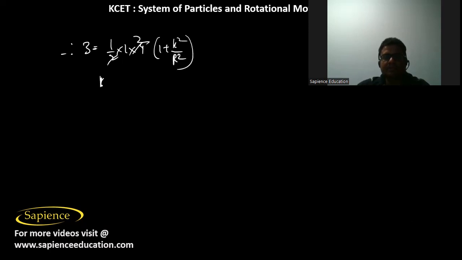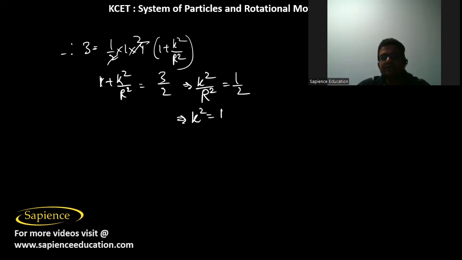Therefore 3 will be equal to half into 1 into 4 into 1 plus k square by r square. So 2 into 2 is 4. Therefore 1 plus k square by r square is equal to 3 by 2, so k square by r square will be equal to 1 by 2. So k square is equal to r square by 2. Therefore the moment of inertia, which is m k square, can be written as m r square by 2.